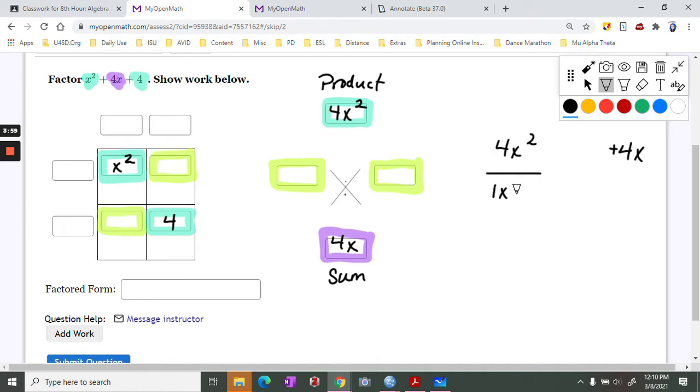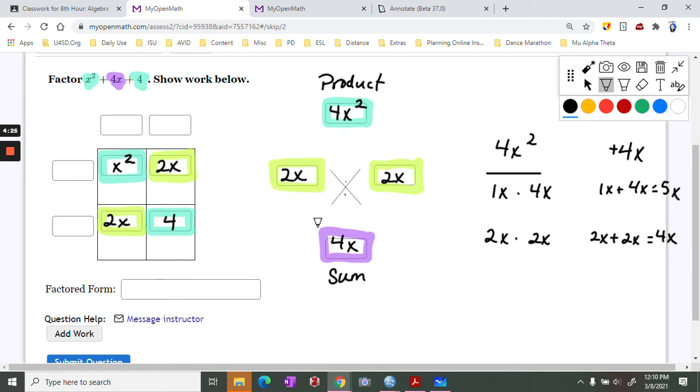Well, I can do 1x times 4x, or I can do 2x times 2x. This gives me a sum of 5x, but this one does give me the sum of 4x. So I'm going to use 2x and 2x. And that fills in the lower left and upper right of my area model.